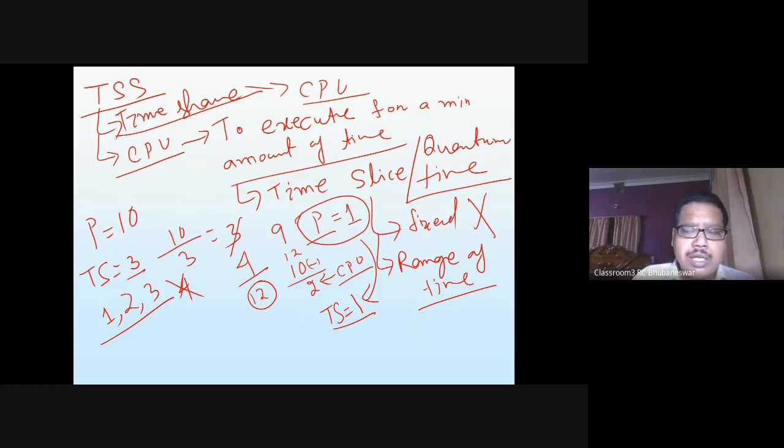But here, why so? If I have n number of processes, at least in a time sharing system, I can say when the last process will start execution. Let us go for an example.